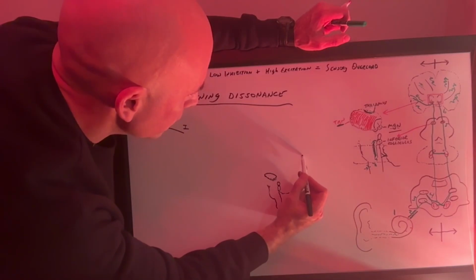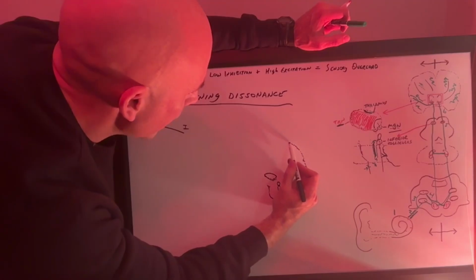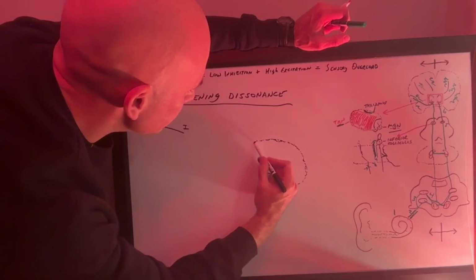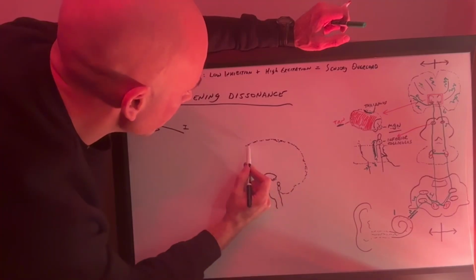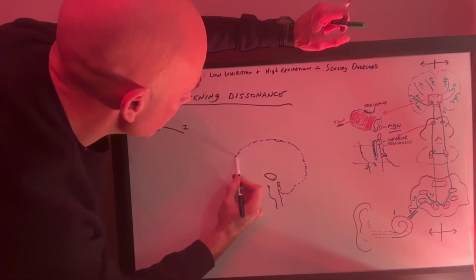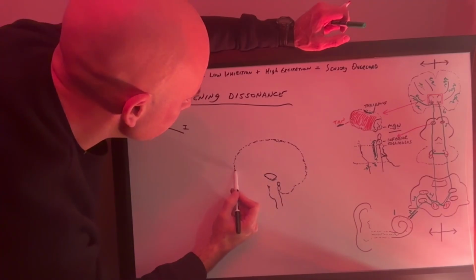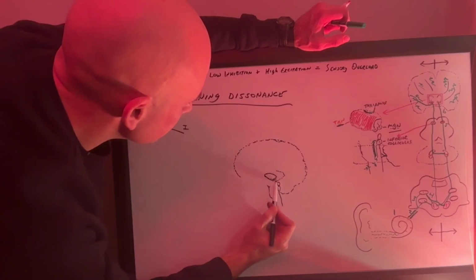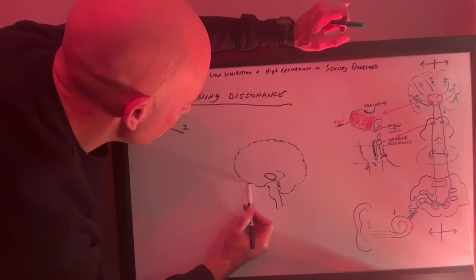So the occipital, the parietal, the sensory motor here, the prefrontal cortex, kind of the temporal lobe.